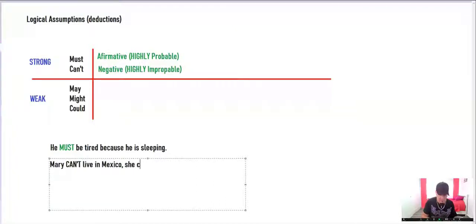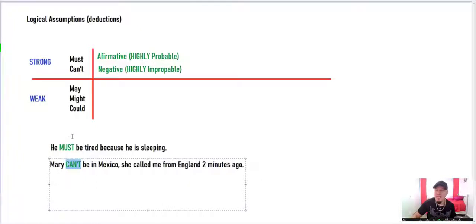She called me from England. Or let's say instead of live, let's say be. Mary can't be in Mexico. She called me from England 2 hours ago, let's say. 2 minutes ago, right? To make it more improbable. So what we're expressing in this case is what we believe, what we think.